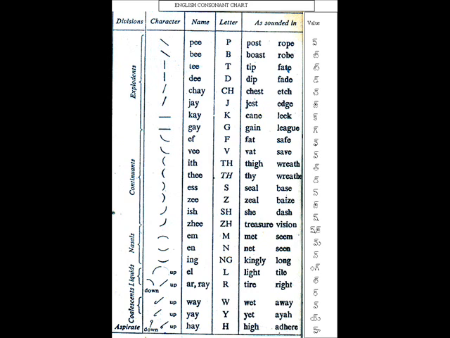Next, M. It is again horizontal. You have seen K. Now it is bent in the middle. M. Then N. Ng, heavy sound. Then liquids. L. You see the circle?